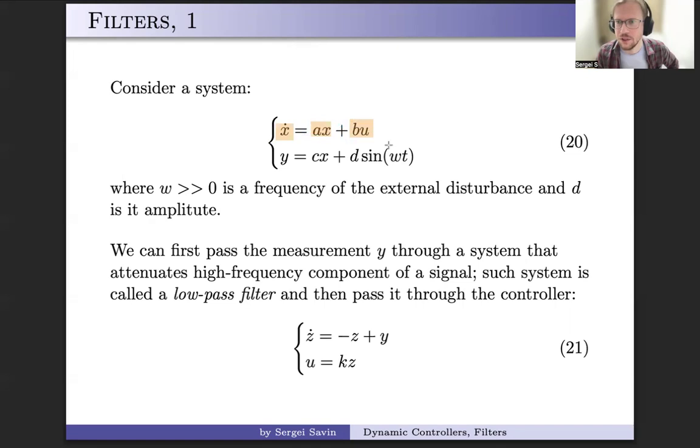Now, let's say that its output is calculated as proportional to the state plus some noise. In this case, the noise is just a high frequency sinusoid, sine of omega t, where omega is very high, a very big number.